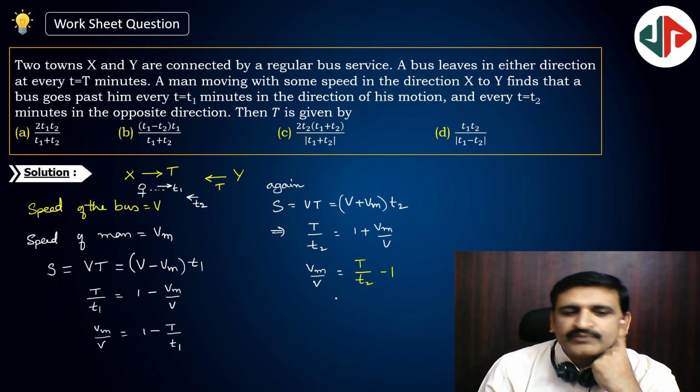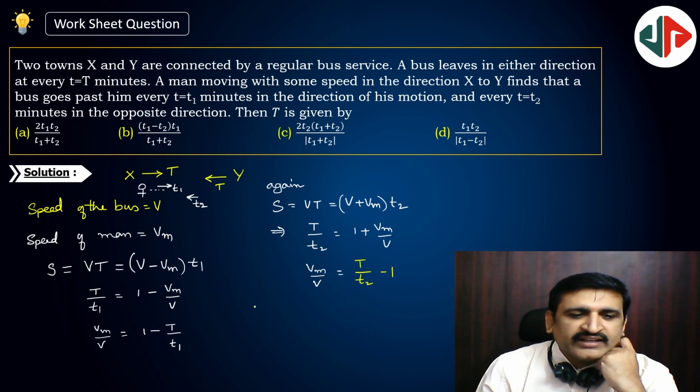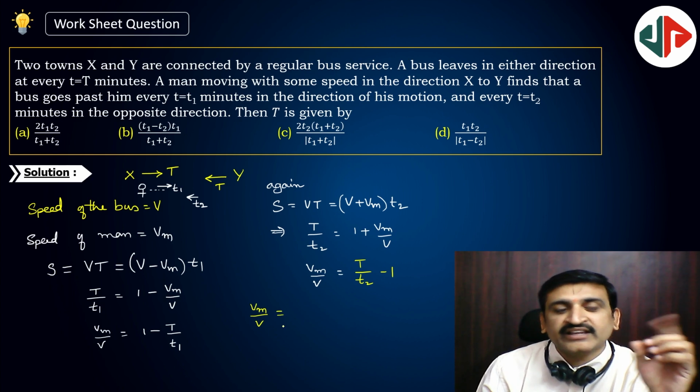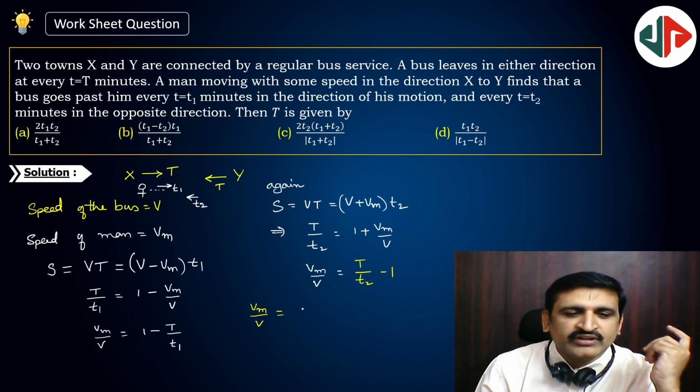Now these two are the same, so I can equate them, because we don't want Vm and V, as he is asking the relation between capital T, small t1 and t2. So 1 minus T by t1 is equal to T by t2 minus 1.